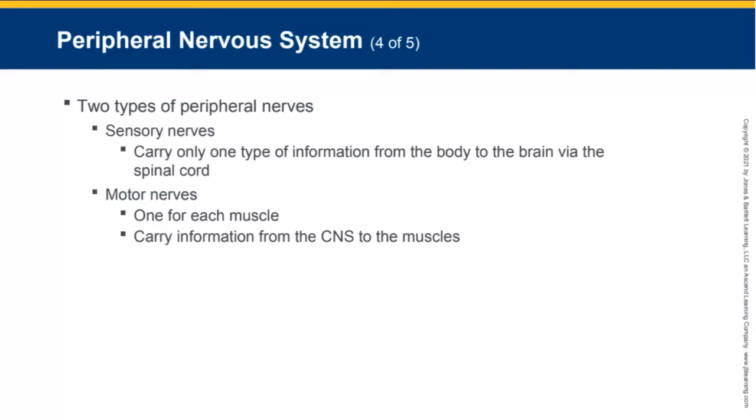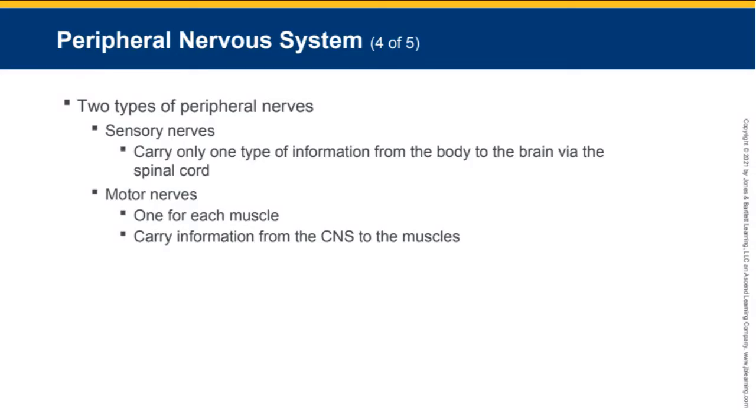So the sensory nerves pick up sensations from the environment and relay that information to the brain. The motor nerves go directly to muscles. There is one for each muscle. The motor nerves carry information from the brain to the muscles to carry out movements.